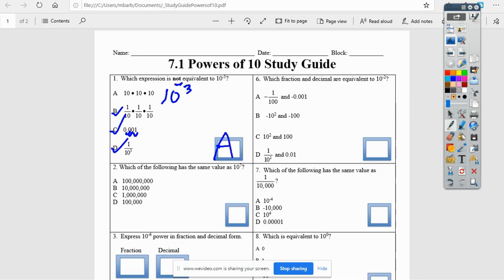So look for this study guide, powers of 10, and look for patterns of the powers of 10. There are always some patterns here that you can use to eliminate things that don't work. On number 6, I'm going to write this little note up here. This is going to help you on any quiz. Negative exponents don't represent negative numbers.